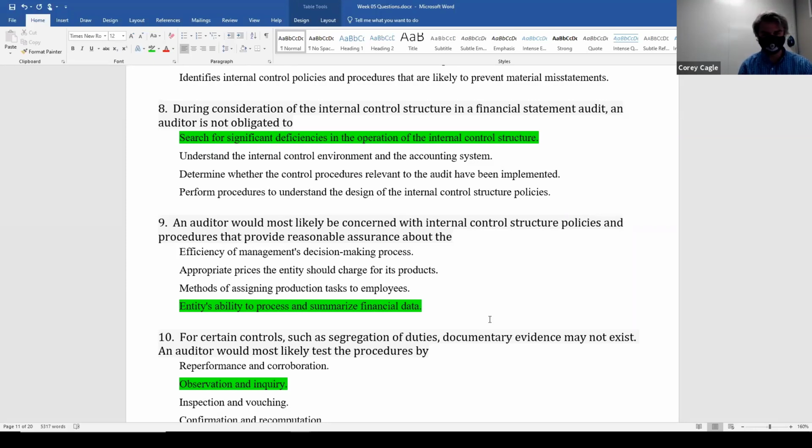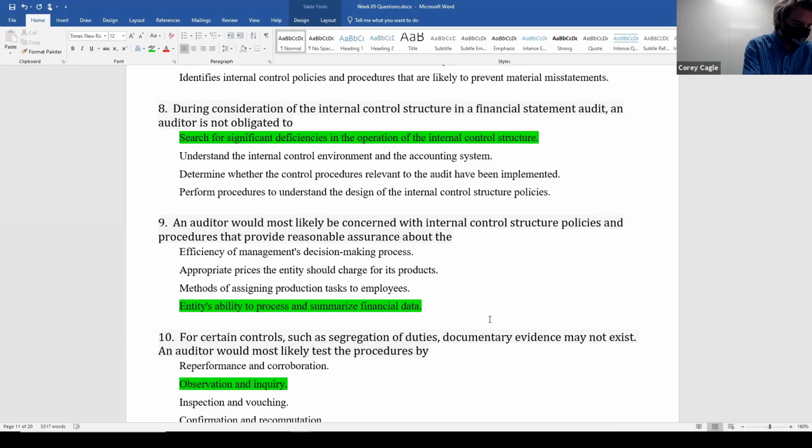I think that comes in the next section, but it's kind of a vague definition anyway. But we're not required to search for those things. They should come about along the way of us doing what we are supposed to be doing, gaining understanding, assessing risks, testing controls. So along the way, we do become aware of significant deficiencies and material weaknesses. We're not required to search for them specifically.